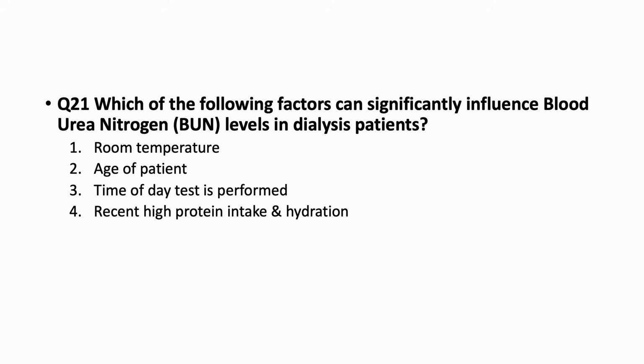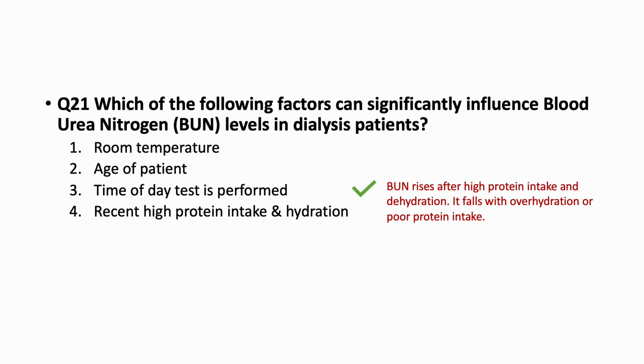So out of these four options, which factor can significantly influence blood urea nitrogen? The answer will be that blood urea nitrogen rises after high protein intake and dehydration. It falls with overhydration or poor protein intake. So the answer will be the fourth.